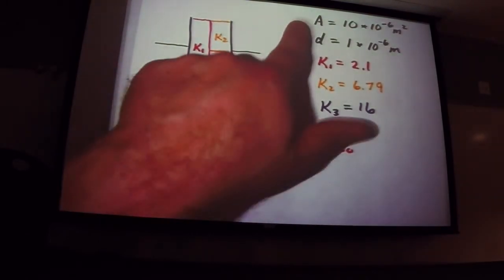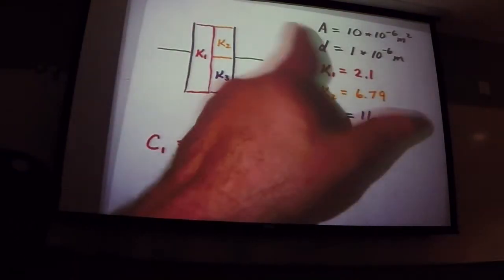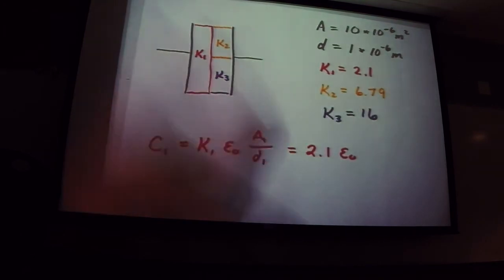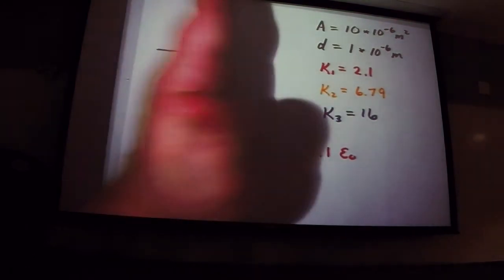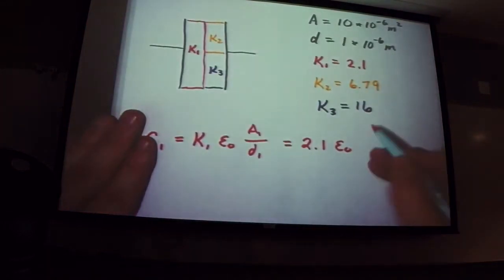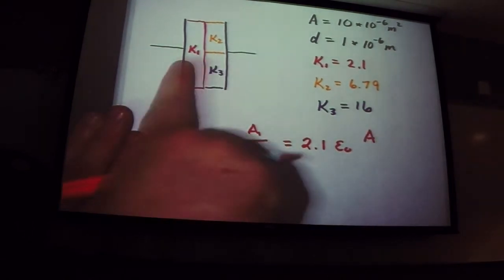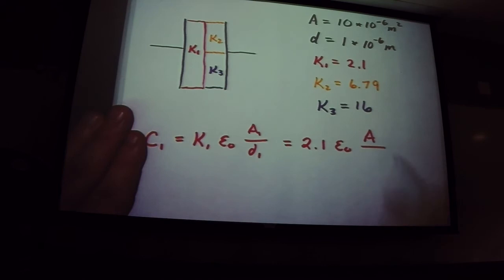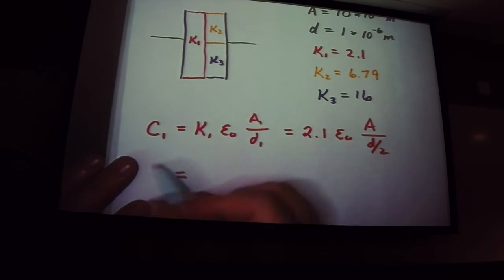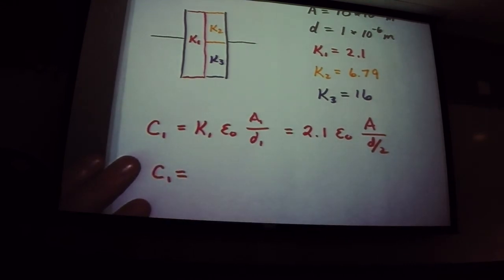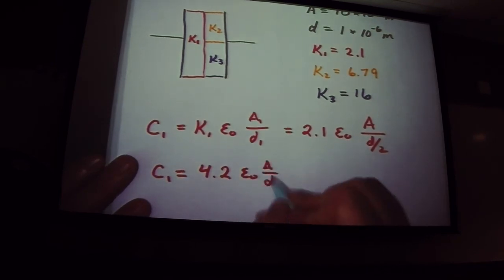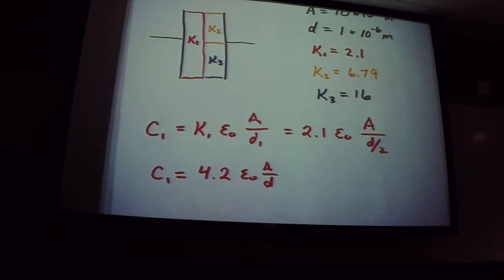A1, the area of the whole plate is A. The area is the area of that plate, so it's the same, just A. How about the distance? That distance is half, divided by D over 2. And so what I get for my C1 is 4.2 epsilon naught A over D. That's one of them.